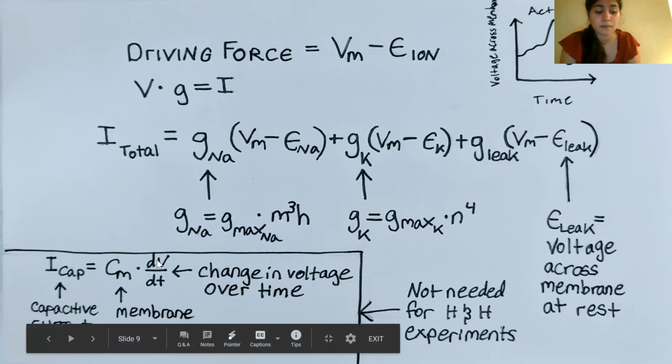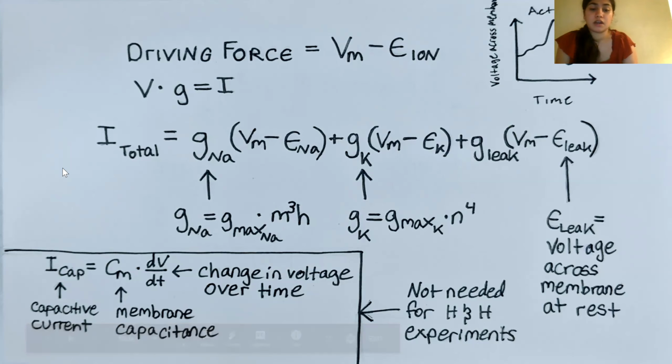While there's also a capacitive current, I sub cap, where C sub M is the membrane capacitance, the capacitive current doesn't really matter for the Hodgkin and Huxley experiments, because the entire point of their experiments was to see what was needed to keep dV dt, change in voltage over time, equal to 0. And if dV dt equals 0, the capacitive current term will also be 0, as you can see.